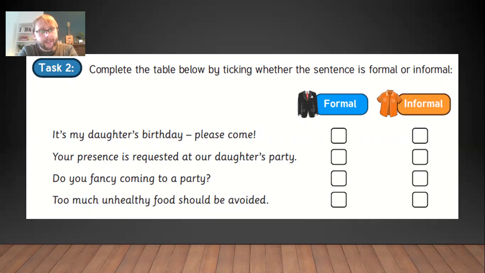Your final task, please, is to look back at your cold writes, to go through and to find any areas where you were informal. You're going to then circle them or underline them. And at the end, after your cold write was finished, you're going to write that out differently to make it formal.